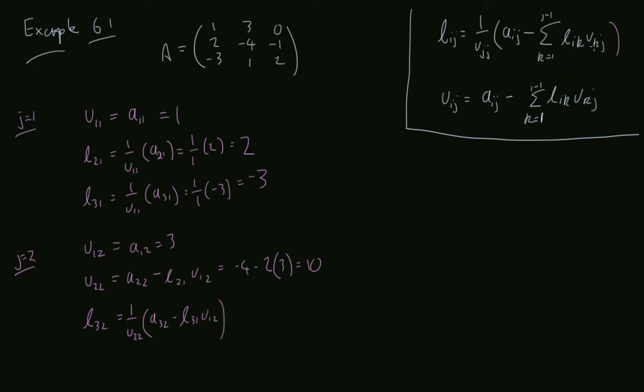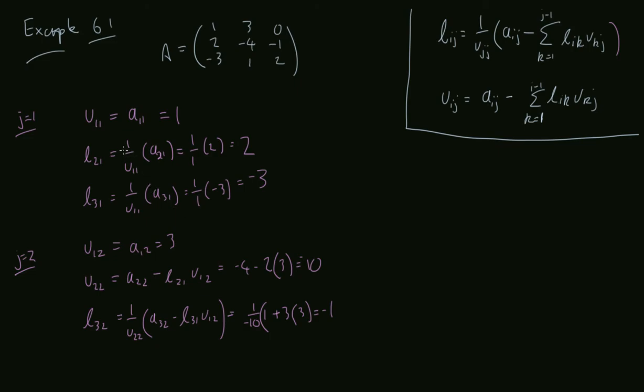Okay, so k is 1, so A32 minus L31 U12. Okay, so U22 was minus 10, so we've got 1 over minus 10. A32 is 1, minus L31, which is minus 3, so I'm going to change that to a plus, U12 is 3. So that comes out as minus 1.